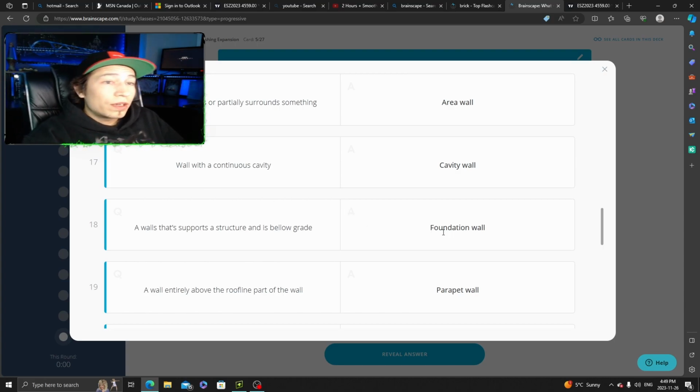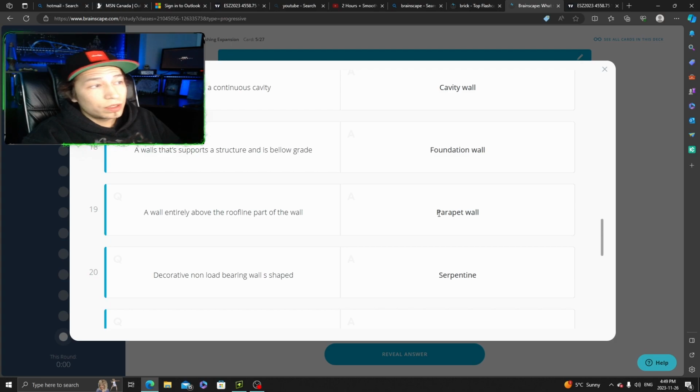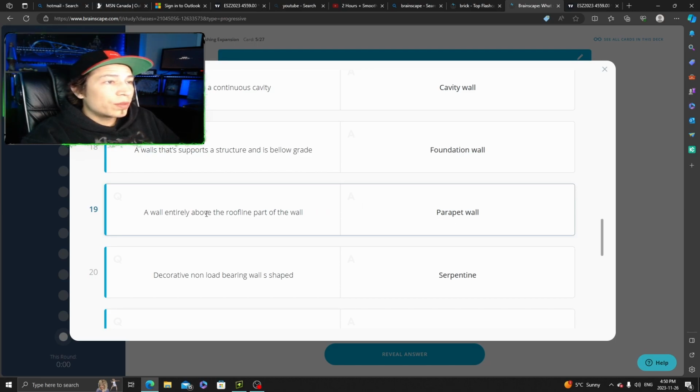Foundation wall, a wall that supports a structure and is below grade. Parapet wall, a wall entirely above the roofline, part of the wall. That was terribly worded. A parapet wall, a wall entirely above the roofline.